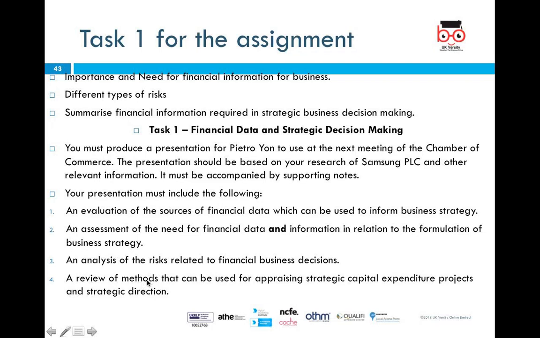The methods include ratio analysis, capital investment decisions, the cash flow statement if you have one, the income statement, different kinds of profit projection, and the asset and liabilities position. You need to show something about the methods in these presentations.